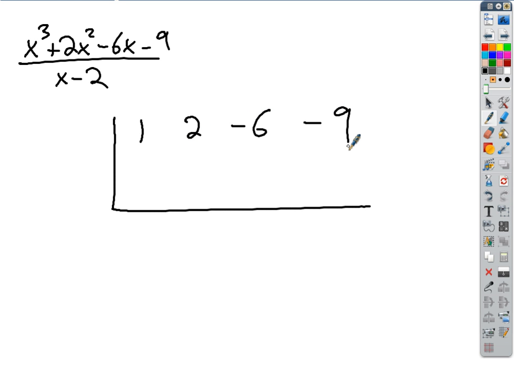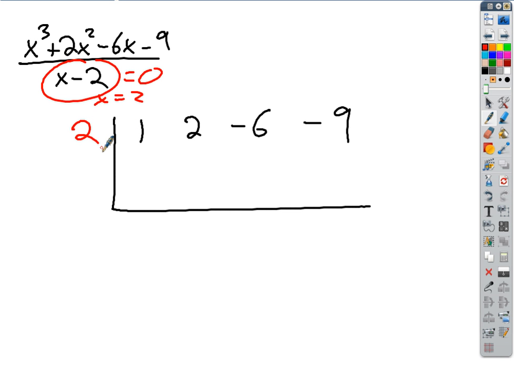Okay, everybody getting this? Now, here's the one part that's just a little weird. So what's the number that goes out front? What goes out front is the 0 of the denominator. So in other words, if we set this equal to 0 and solve, what is x equal to? X equals 2, so 2 is what goes out front.